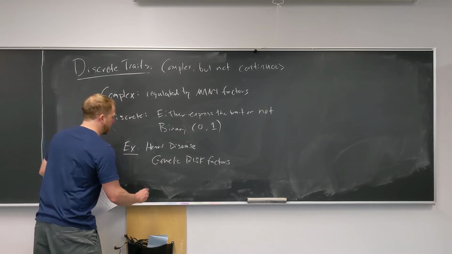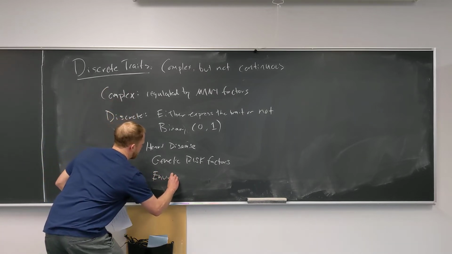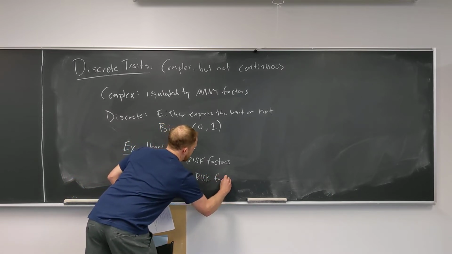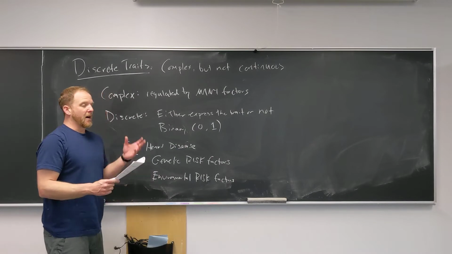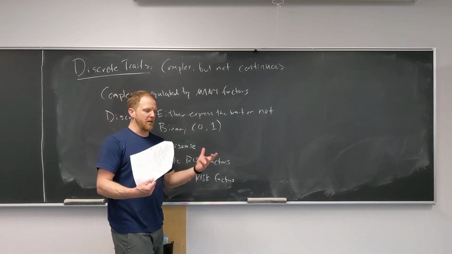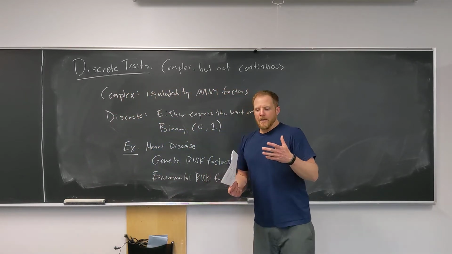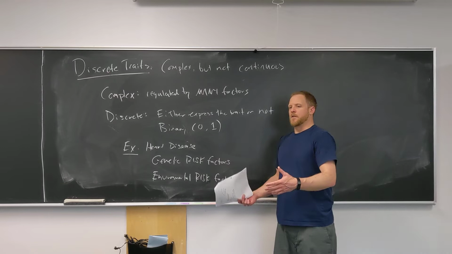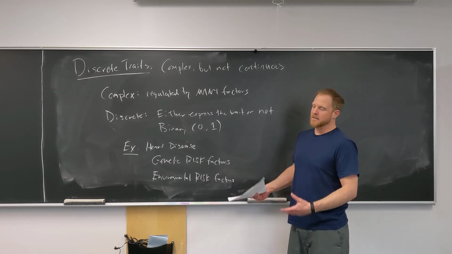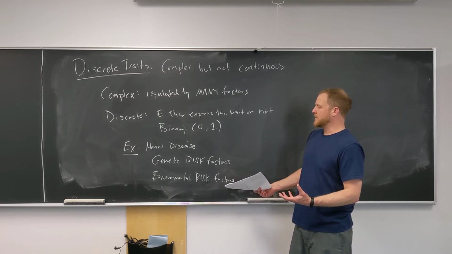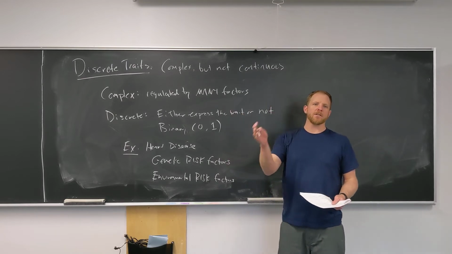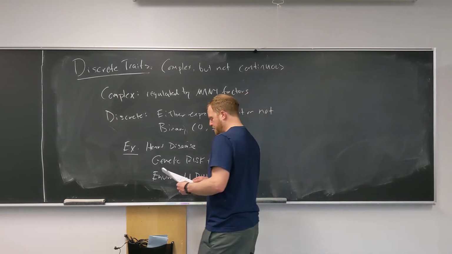But there are also environmental risk factors, things that are to some extent within our control: diet, the nutrition of what you eat, physical activity, exercise, and other lifestyle choices. Smoking would be an environmental factor that plays into this. So it's still a very complex trait, but we view it in more discrete terms. Either you have heart disease or you don't.